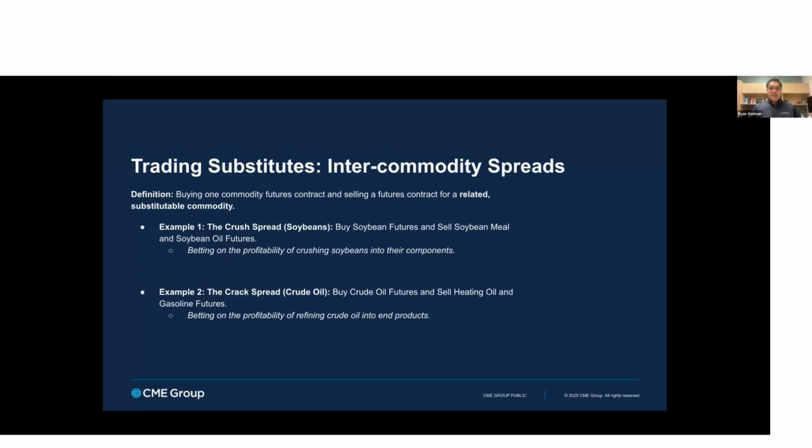What that is, it's buying one commodity futures contract and selling a futures contract for a related commodity. For example, one would be the crush spread. Very, very common looking at the grain markets. This is buying soybean futures and selling soybean meal and soybean oil futures against it.